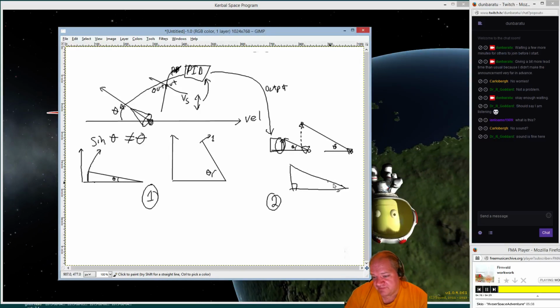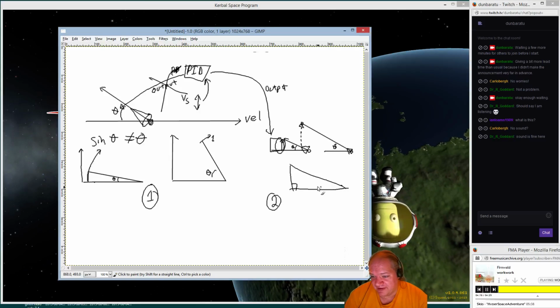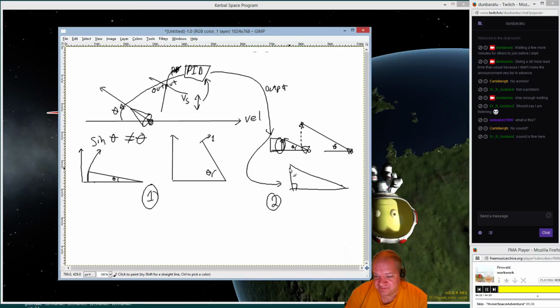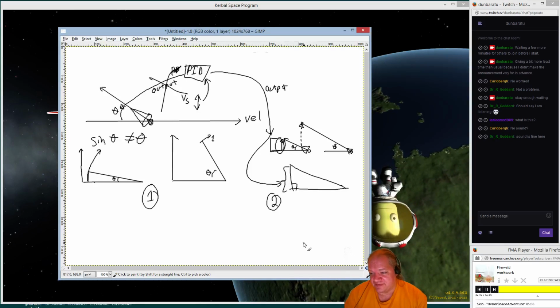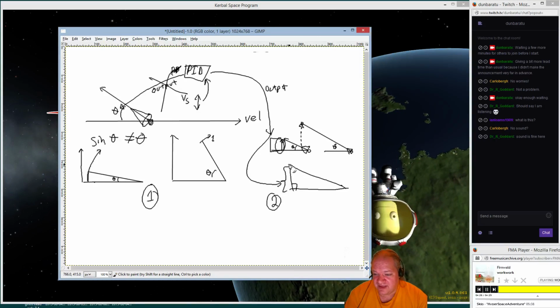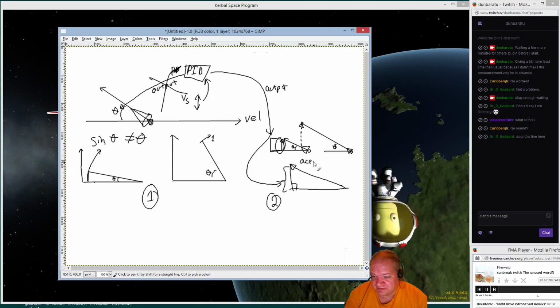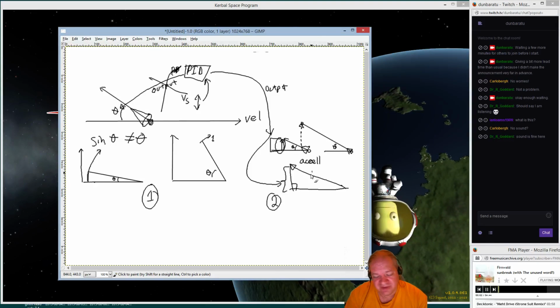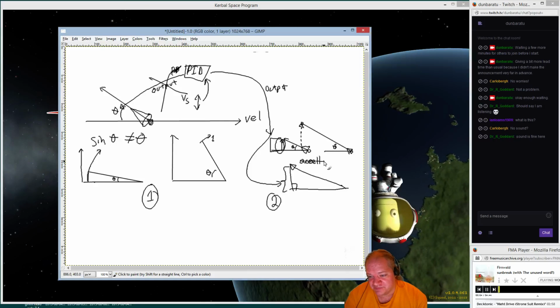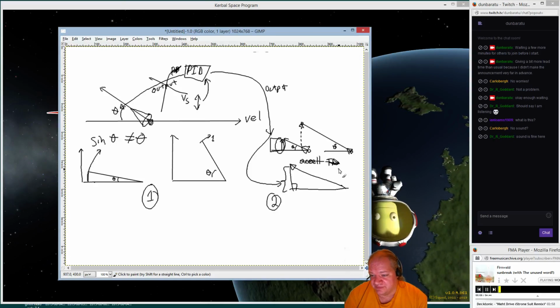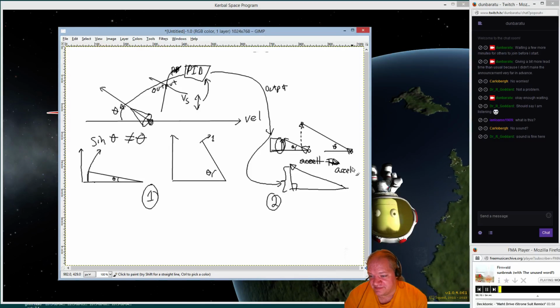So if we have this as basically a standard right triangle, and the PID controller is spitting out effectively this leg of the triangle, if we're thinking of this in terms of acceleration, or even in terms of thrust, because we could also do this in terms of thrust if we want. Nah, let's do it in terms of acceleration. There are reasons that's easier.